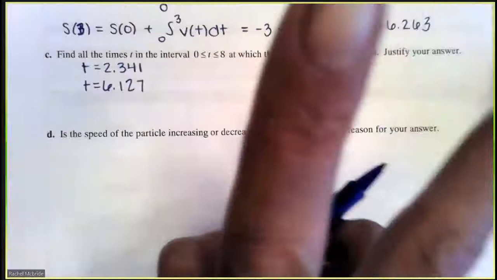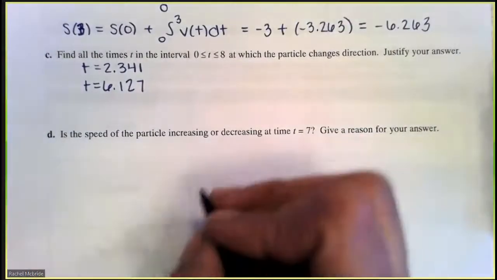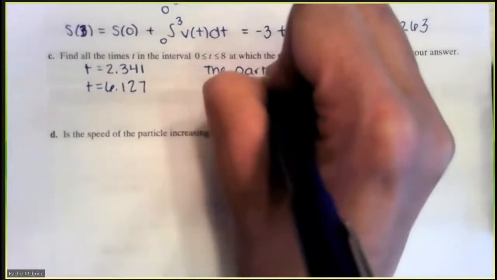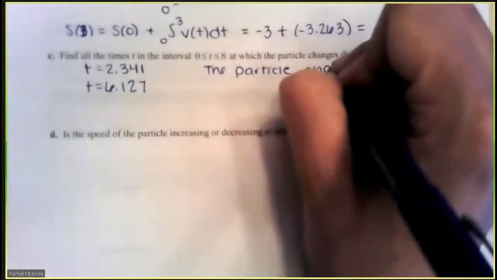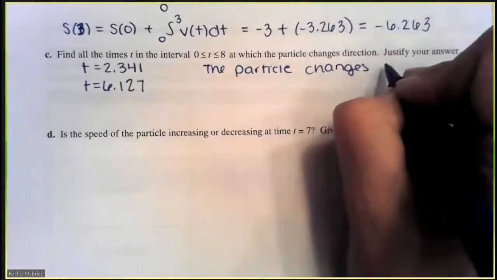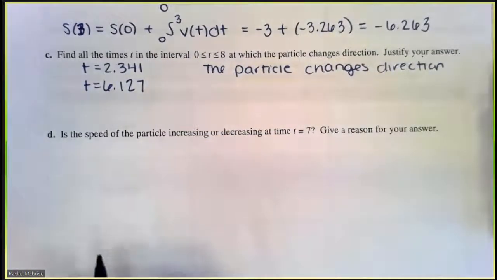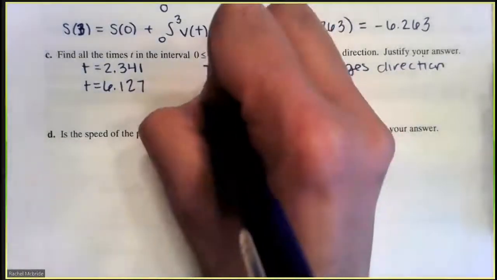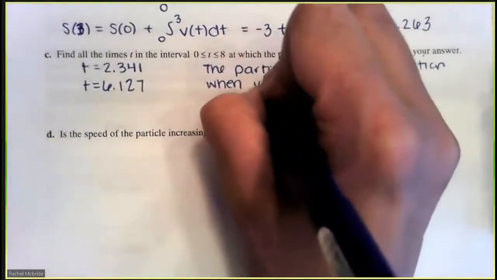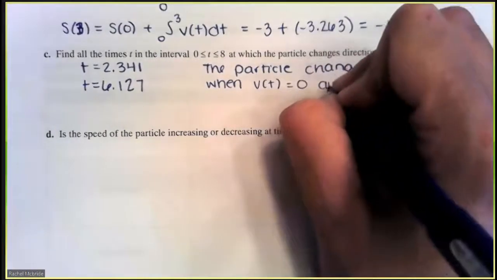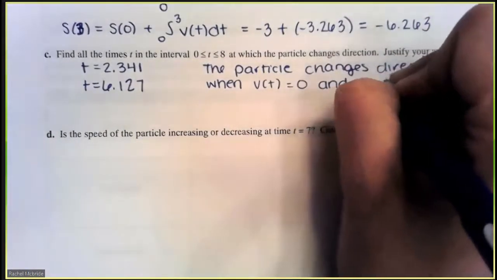The second point is earned in your justification. So I would say the particle changes direction when v of t equals 0 and changes sign.